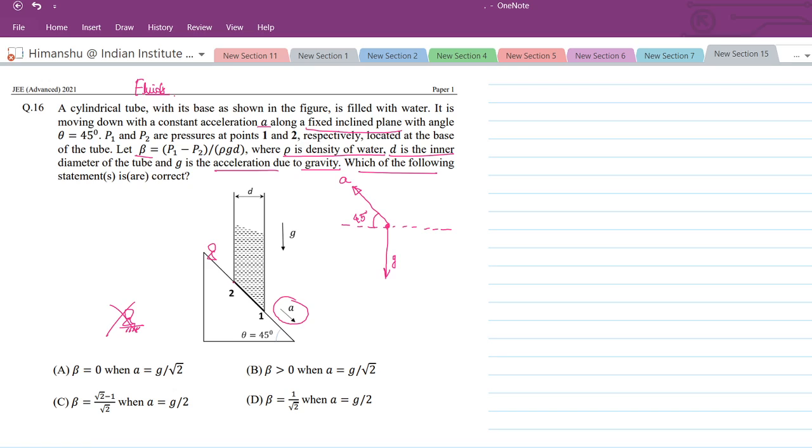So first of all, can we find a general pressure difference between points 1 and 2? Yes, we could, but we'll not move along the inclined plane. Rather, we'll create an intermediate point here, say 3, because these two are perpendicular directions, so we can easily write the pressure difference between 1 and 3, and 2 and 3.